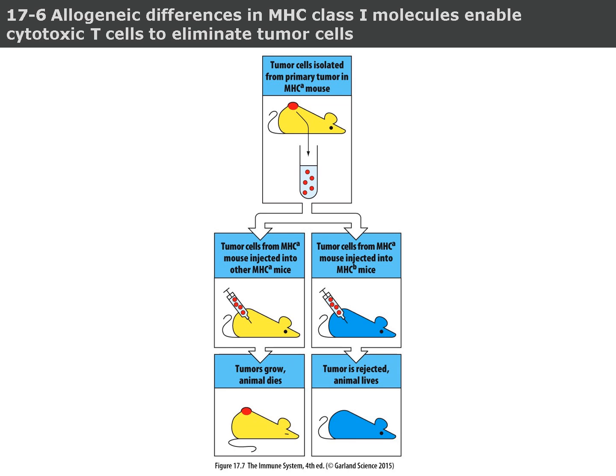When tumor cells are transplanted into genetically identical mice with the same MHC molecules, the tumors grow and the animals eventually die. However, when tumor cells are injected into mice with different MHC molecules, the immune system recognizes the cells as foreign and eliminates them, allowing the animals to survive. This highlights the importance of cytotoxic T cells and MHC class I recognition in controlling tumor growth.